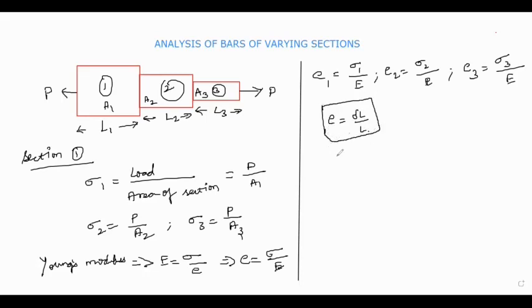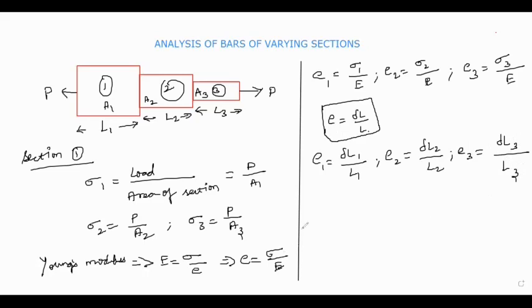So epsilon 1 I can write as del L1 divided by L1. Similarly, for section 2, strain is given as del L2 by L2, and for section 3, epsilon 3 is given as del L3 divided by L3.